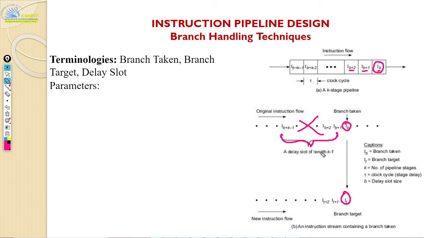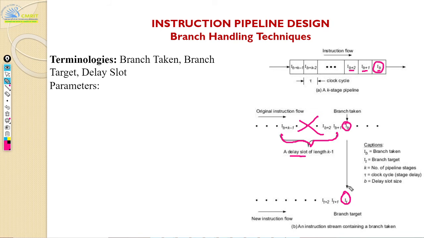And this is called the delay slot. The delay slot means how many time slots I have filled my pipeline with wrong instructions. So when is a branch taken?